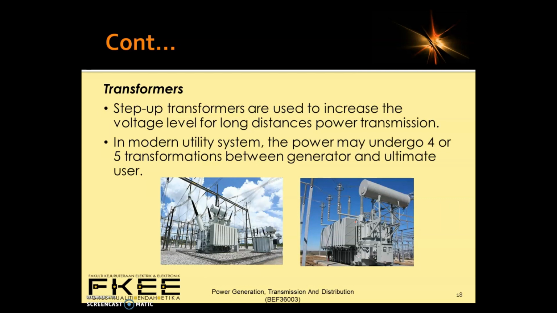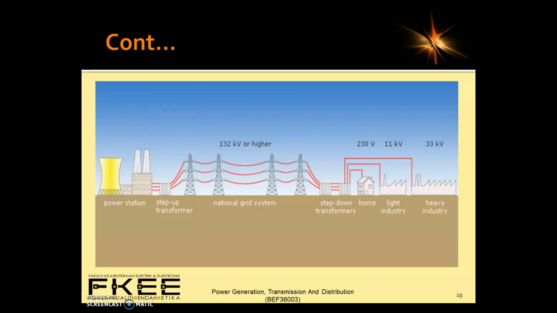In a modern utility system, the power may undergo 4 or 5 transformations between the generators and the ultimate user. If you look at here, this is the overview of the modern electricity power system. We start here with the generation.